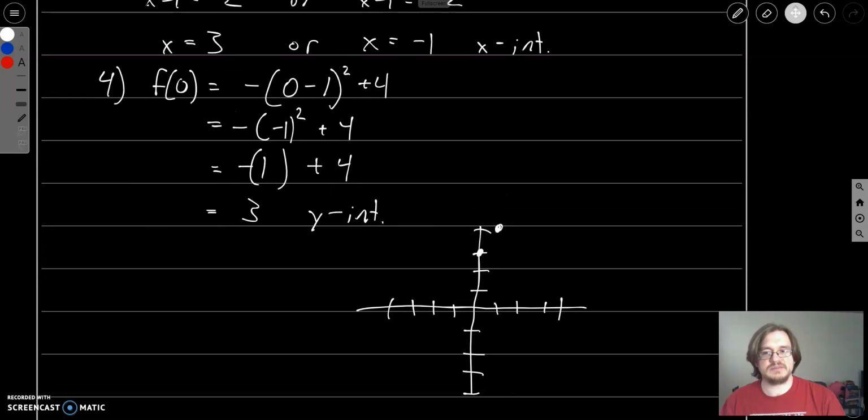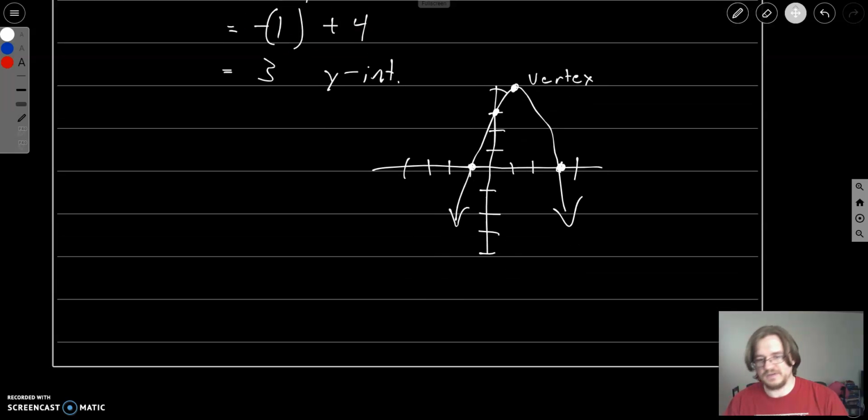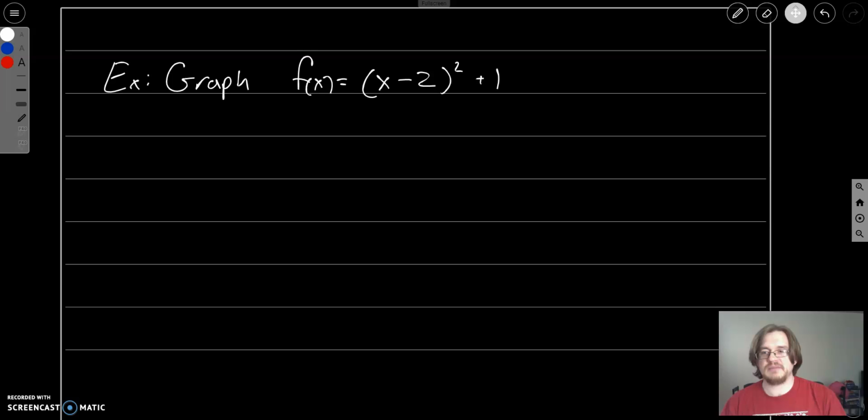Our x-intercepts were at 3 and negative 1, so we come over to x equals 3 and x equals negative 1, and we have enough points to be able to draw our parabola, if I could draw very well. So again, we've got the vertex, which happens to be a maximum, the y-intercept, and a couple of x-intercepts. Perfect. Let's do one more quick example.